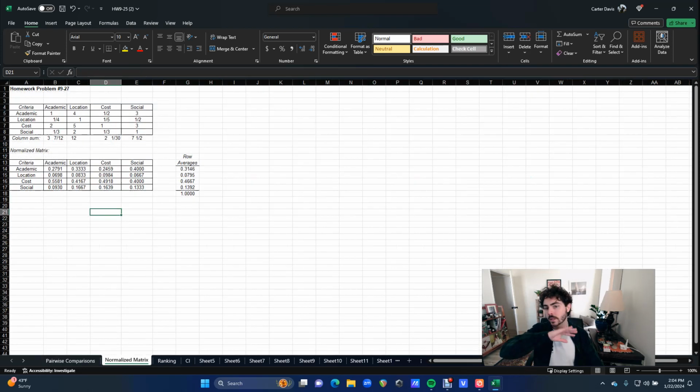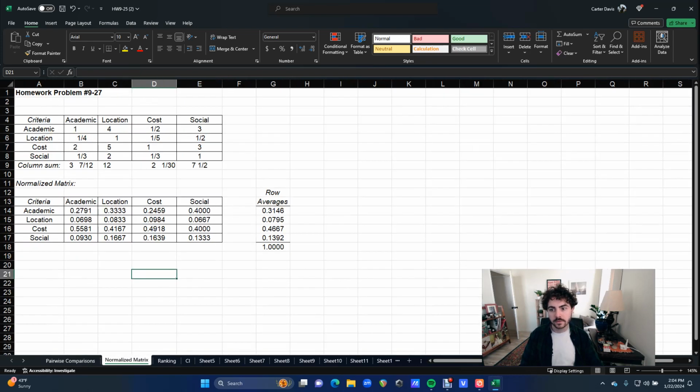Now, we kind of reset, and we're looking at this different matrix here with the academic, location, cost, social on both the rows and columns axes here. But they do the same exact thing. They find the sums of each of the columns. They transfer this into a normalized matrix by doing the same thing.